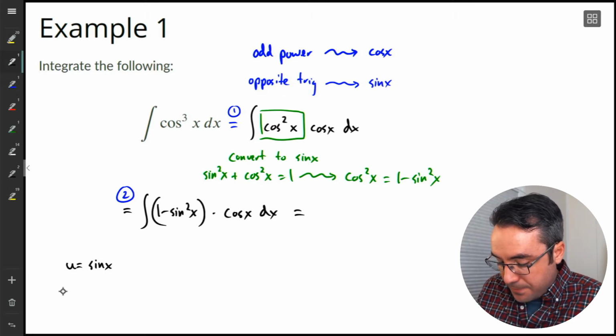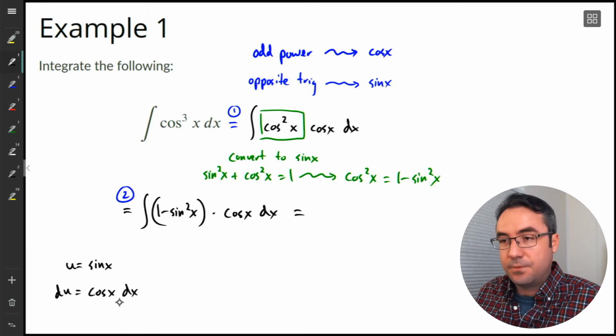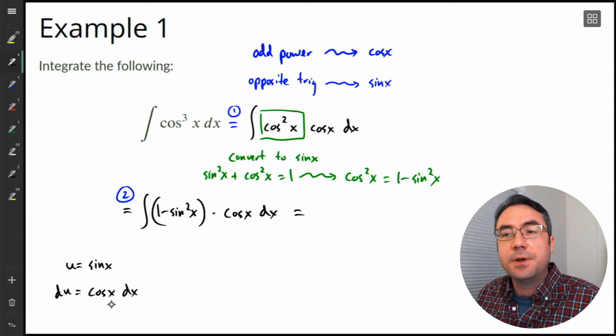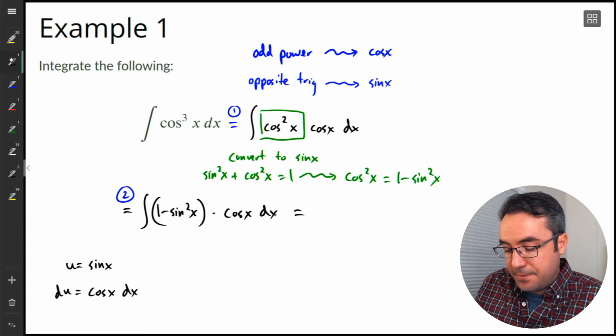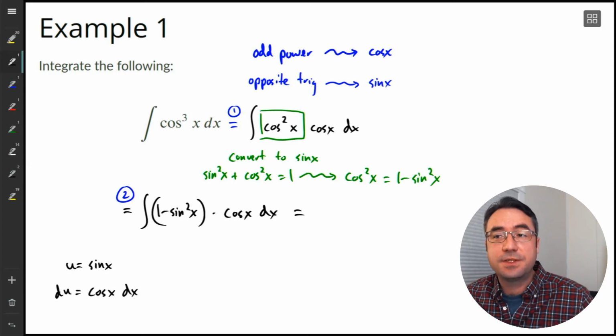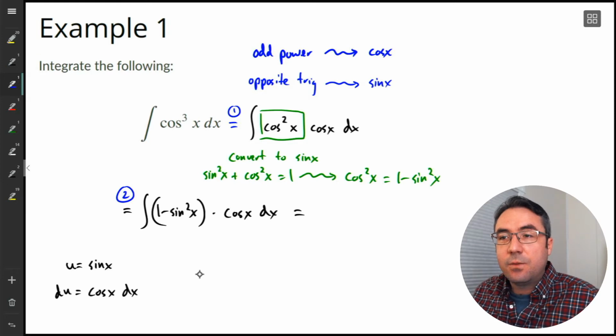And why are we going to do that? Well, when we calculate du, the derivative of sine of x is cosine of x. And now we're going through our usual substitution rule steps. So we calculate du, we get the derivative as being cosine of x, and then we multiply by dx. We're doing a substitution, so we're going to put all of this into our integral. And kind of by design, we can see why we separated off that one cosine term.